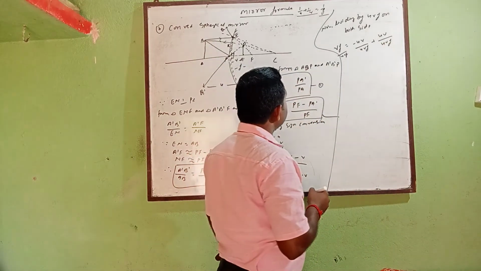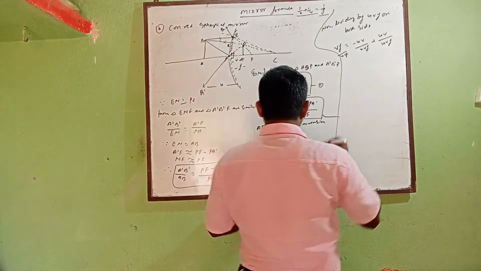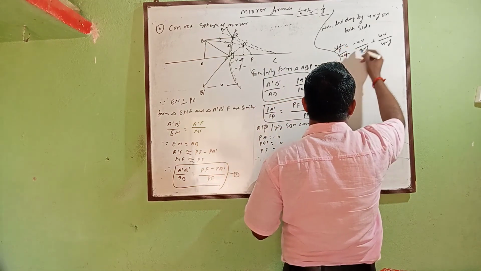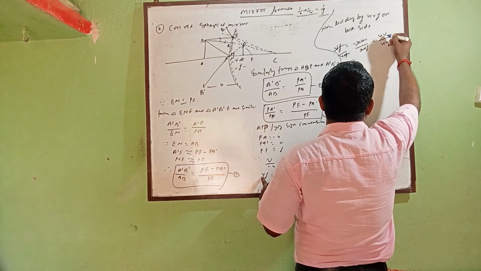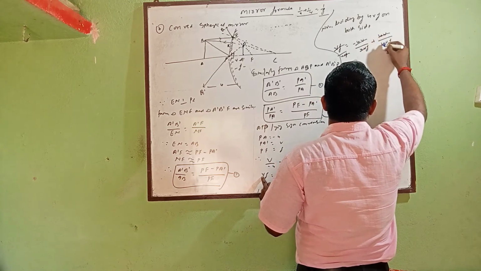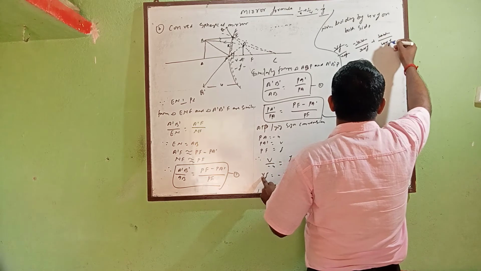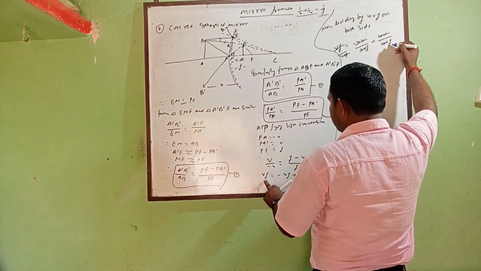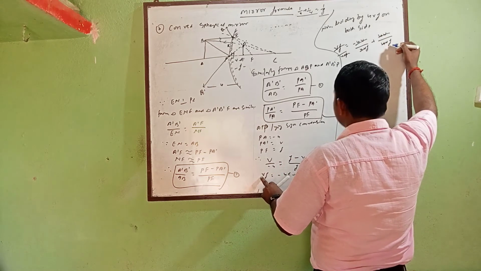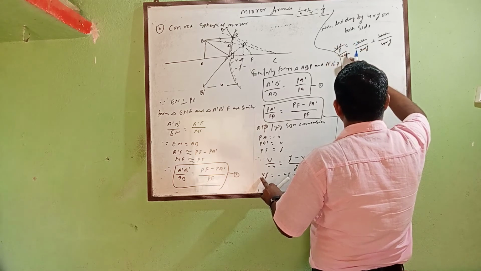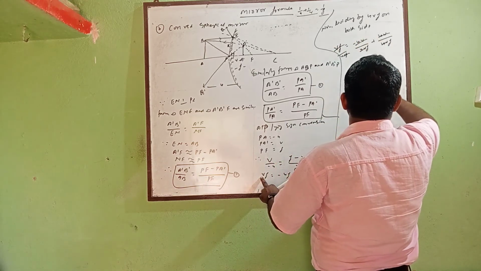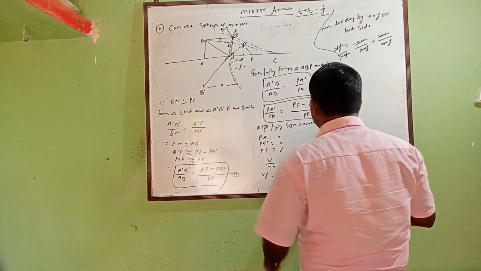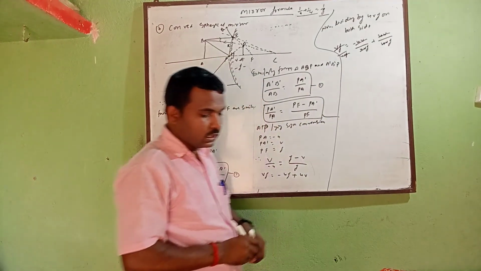Which will you cancel out here? You can cancel out VF and VF. UV and UV will also cancel out. Again the same process we are getting.